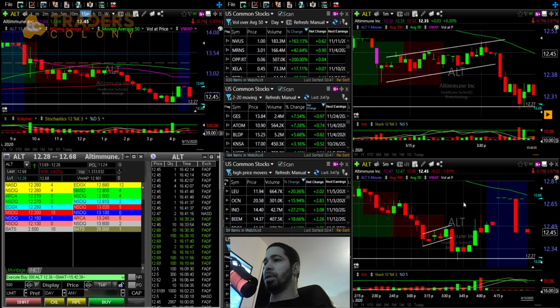I hit the bid at 12.40, got in and was looking for a test of the $12.27 on the daily. That is a trend line that you can see here, and that's exactly how you can recognize the patterns to get entries and exits using support and resistance to your advantage.